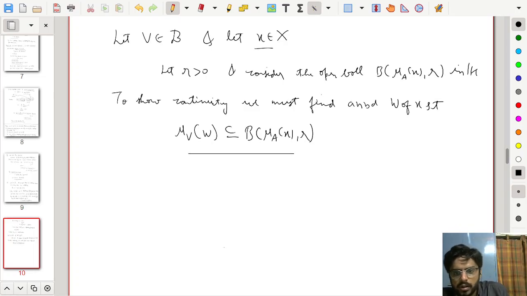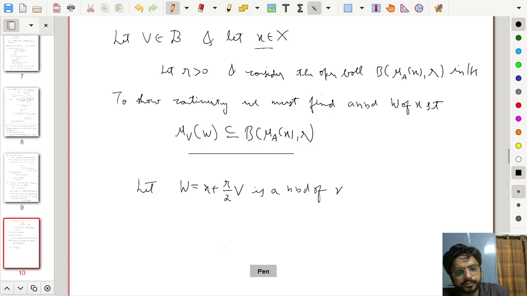So let W be equal to x plus r by 2 times V. V is a neighborhood of 0, r by 2 times V is also a neighborhood of 0, and x plus r by 2 times V is a neighborhood of x.